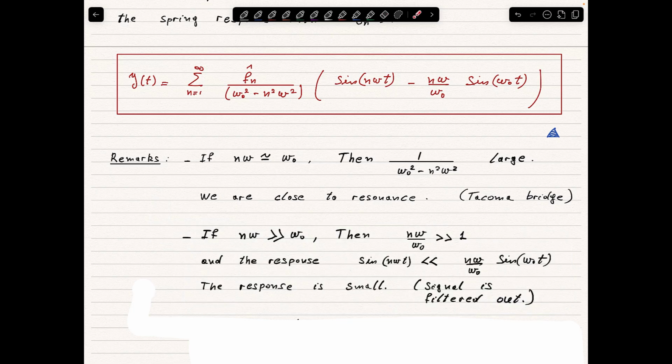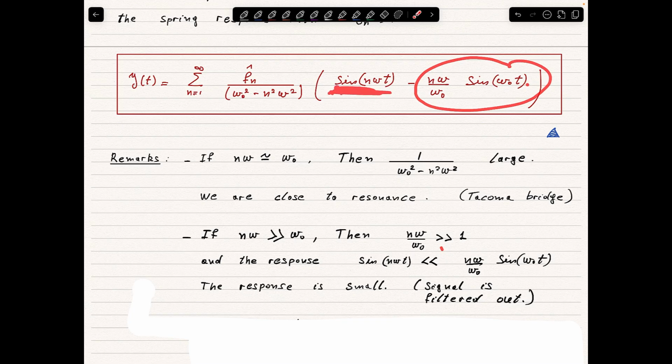What happens if n or any multiples of the driving frequency are much larger than the natural frequency of the system? Well, this coefficient then is going to be much larger than 1, just divide here. And then notice that this coefficient appears here. So this term is going to be much larger than this term.